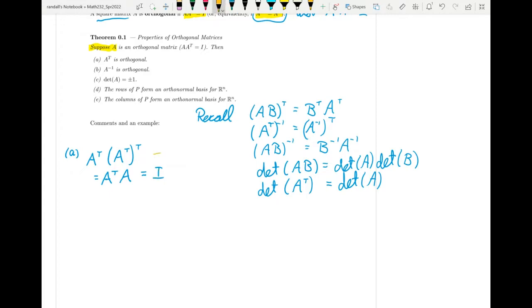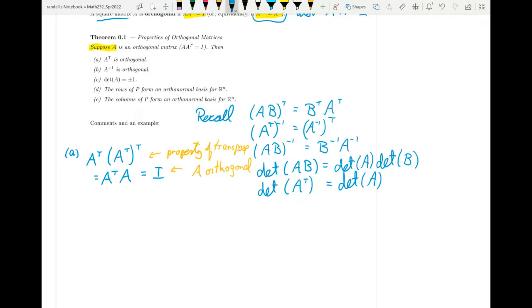So the first thing I did here was the property of transpose. That's the double transpose. And this property right here was that A is orthogonal. I'm using the hypotheses. At some point I have to use that hypothesis, but along the way I may use some other properties like I did here.